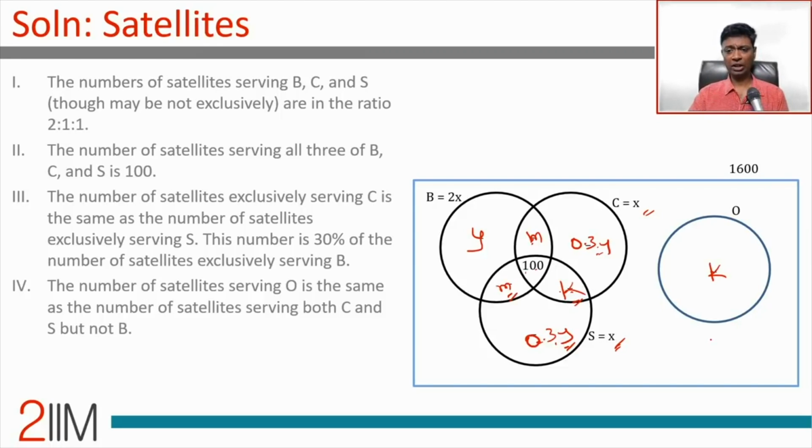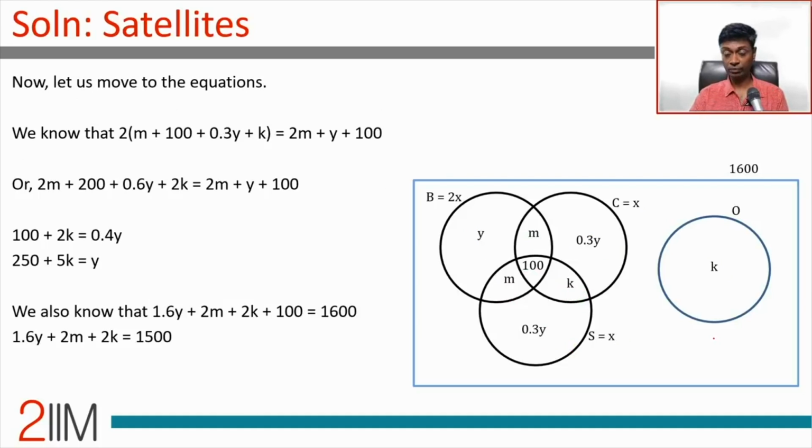It doesn't look like we can solve this straight away, but we will get somewhere with some variables. And what can we get? We know that this set B is twice of this set C. And we know that the total is 1600. So let's use both of them.